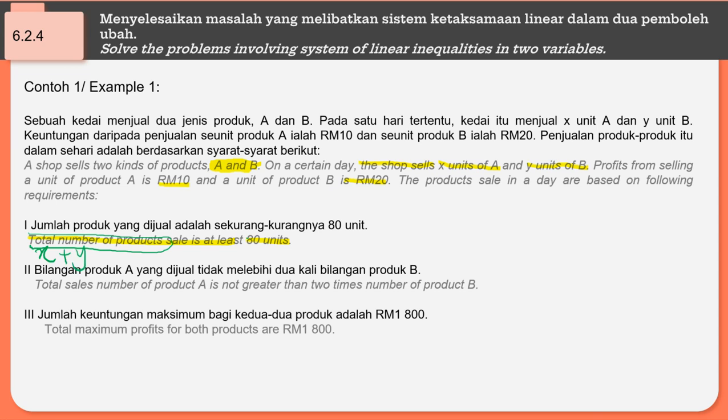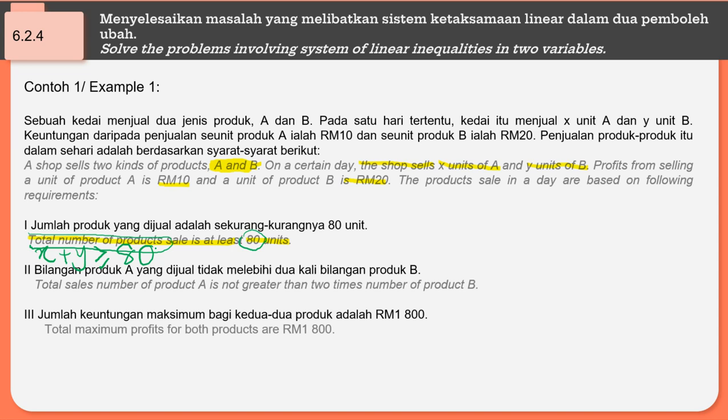At least 80 units. What do you understand about at least 80 units? So we are accepting the number 80, at least 80. So 80 and above. That's why we have the symbol greater or equals to 80. So this is the first inequality, right?